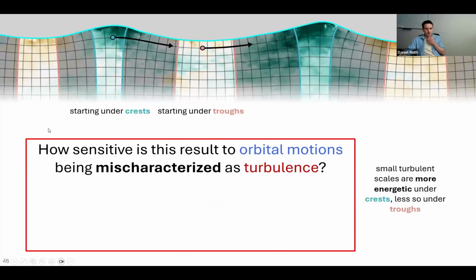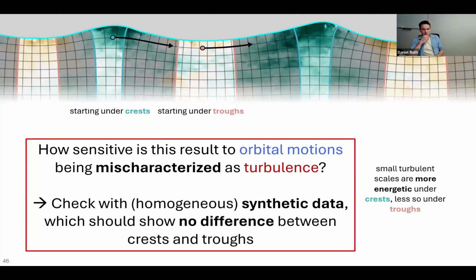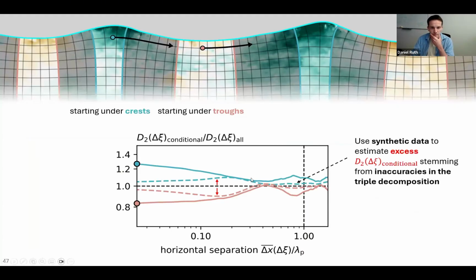But we want to check how sensitive this result is to the fact that we might be mischaracterizing some orbital motions as turbulence because we're not properly decomposing the turbulence from the waves. So what we can do is go back to the synthetic data that I showed initially, where we know that there should be no difference between the crests and the troughs, and see how much of an artifact is induced by our analysis.